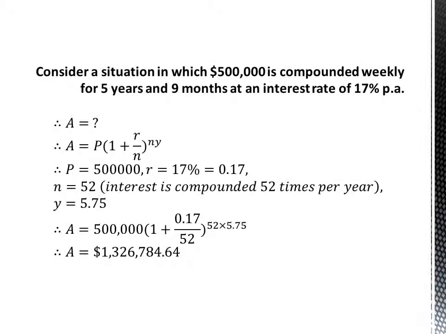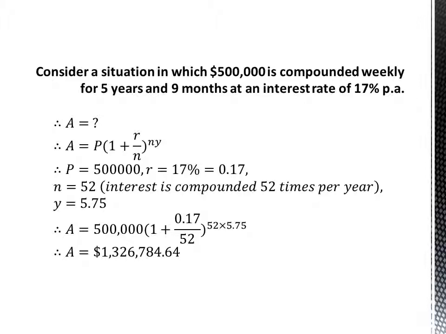Consider a situation in which $500,000 is compounded weekly for 5 years and 9 months at an interest rate of 17% per annum. So in this case, we want to find the amount loaned or invested after y years using the compounding formula for frequent payments more than once per year.